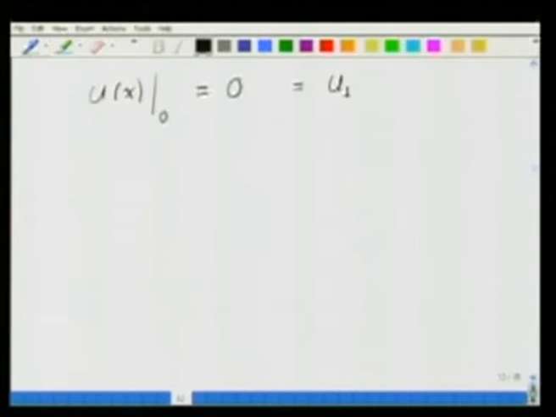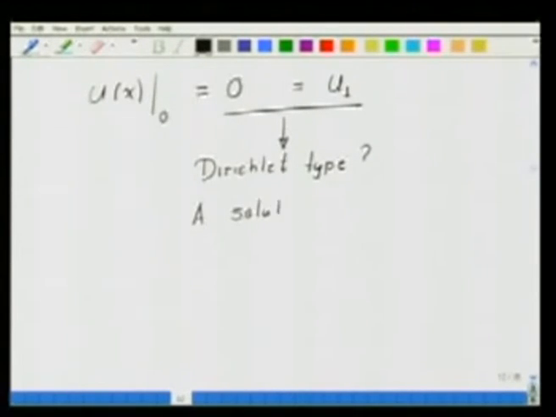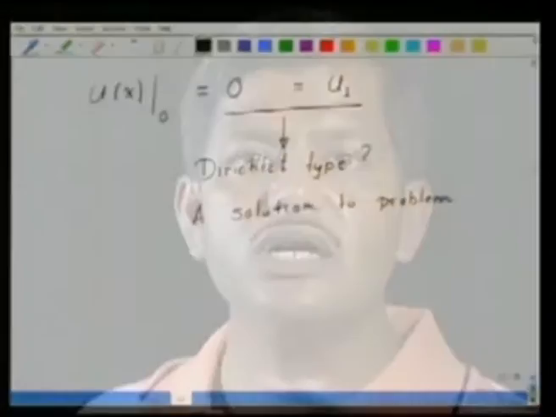So once I do this, then I will follow the same route as we followed in applying the Dirichlet condition to get a solution to the problem. So we are fixing u(x) at the point 0 equal to 0.